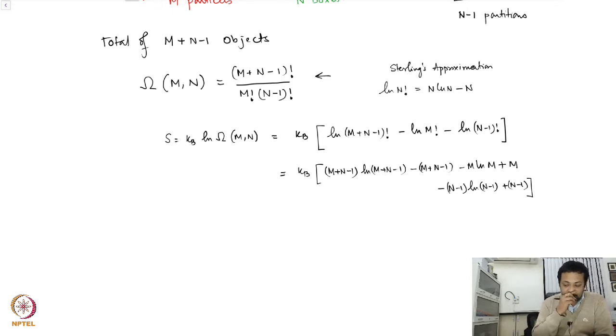Look at this expression carefully and you see that this plus and this plus give you a plus (m plus n minus 1).